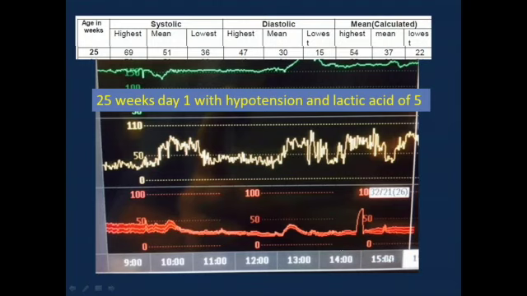So we looked at the trend and discovered that this infant had been compromised since morning. Everyone just kept looking at the mean blood pressure, which was okay, but the pulse pressure was almost close to 2 or 3 millimeters of mercury.